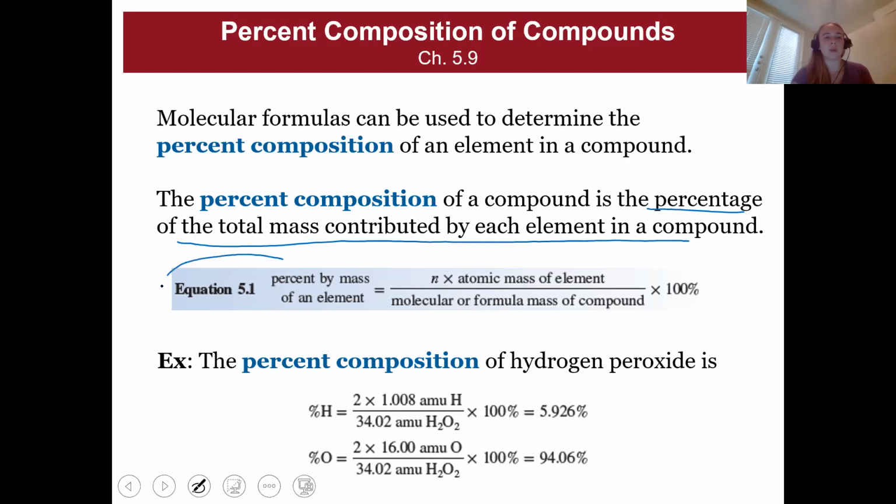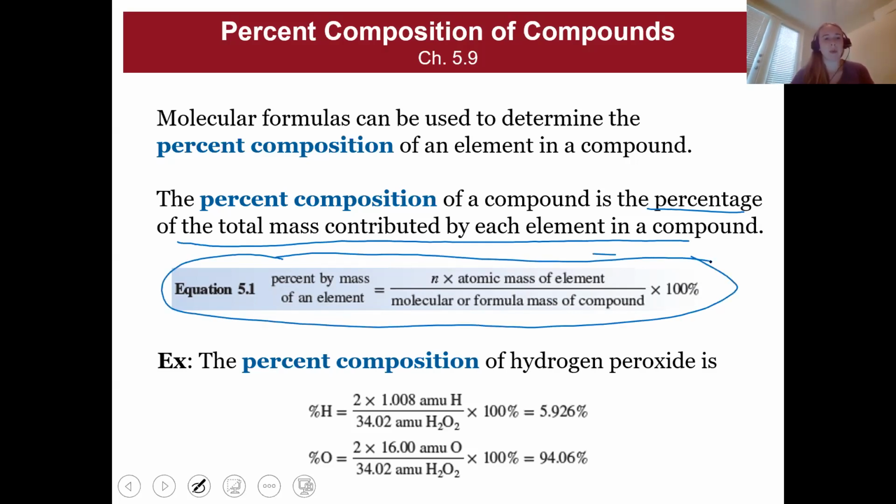So we use this nice equation from your book. Equation 5.1 says that the percent by mass of an element is equal to N. N is the number of moles, or the number of atoms.